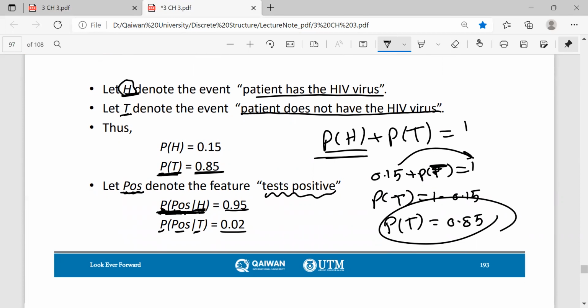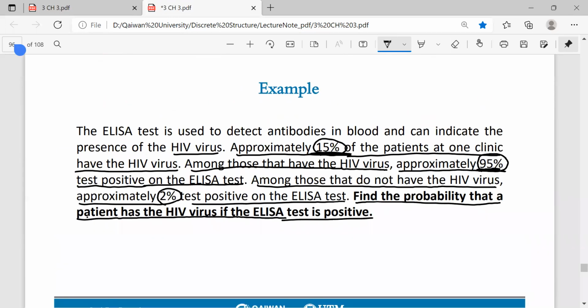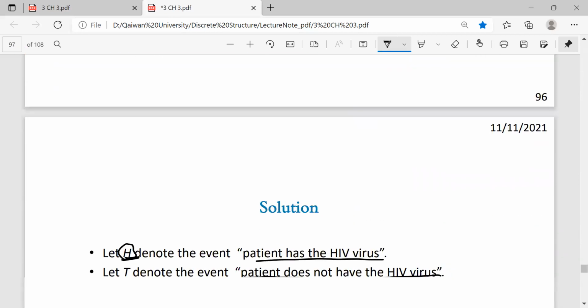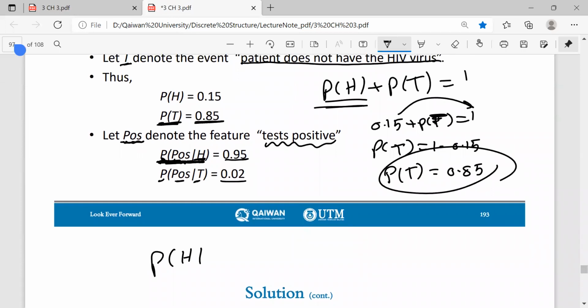Now, let's ask: find the probability that a patient has the HIV virus if the ELISA test is positive. That means the probability of H given POS. This equals what? Here we must apply the Bayes theorem.